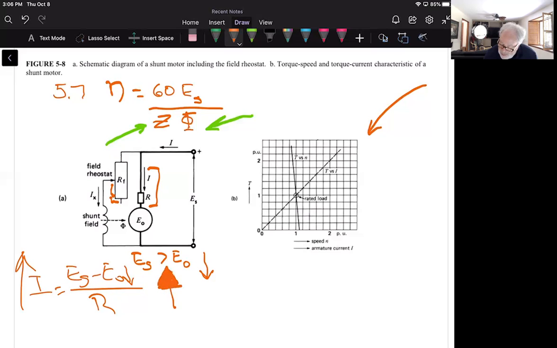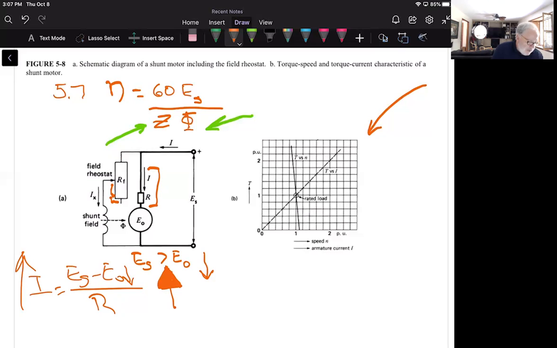So there's this interaction going on between these two voltages. Now, to be able to do that, the motor has to turn faster. Everything else is equal. The only way you can do that is for the motor to accelerate.